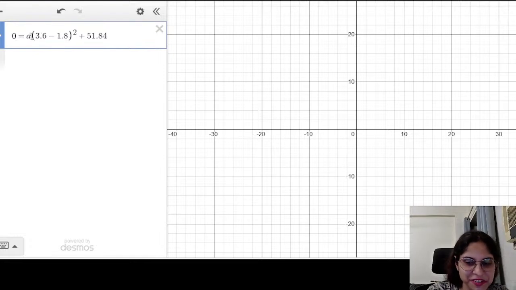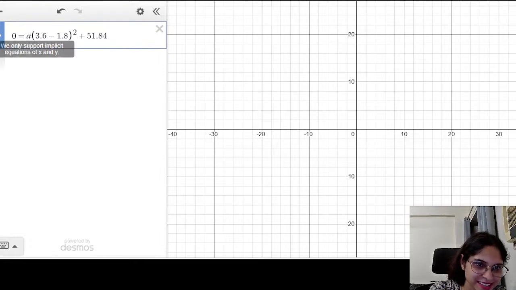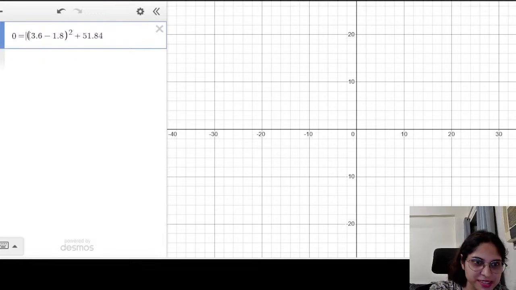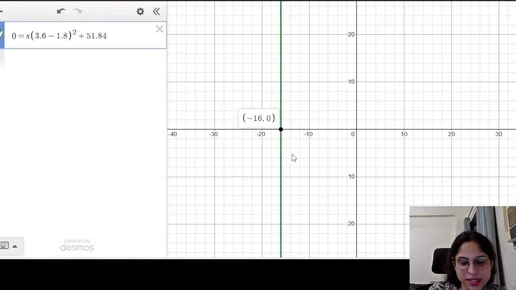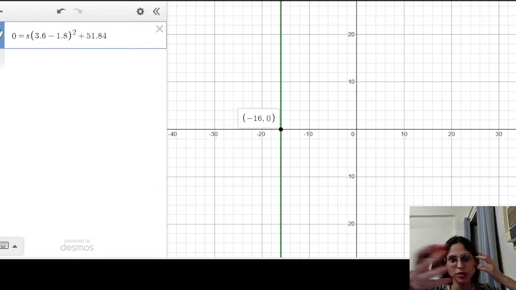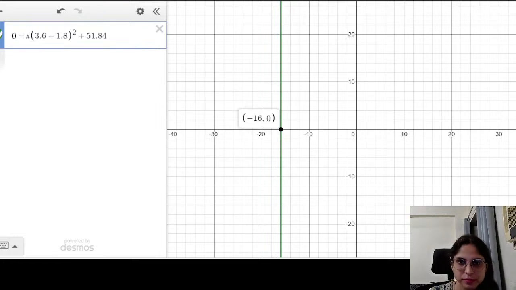And now we have to find a, and Desmos does not understand a, so instead of a you write x. You will get the value as negative 16. That also you can do. Alright, you plug in your x and y and just form an equation, you will get the value of a. And instead of a you are writing x, because you have to change all the variables in Desmos, whatever they are, to x and y. So the value of x is negative 16, that means the value of a is negative 16.